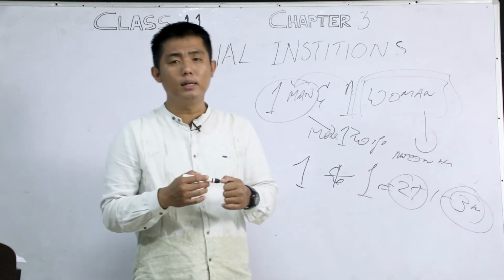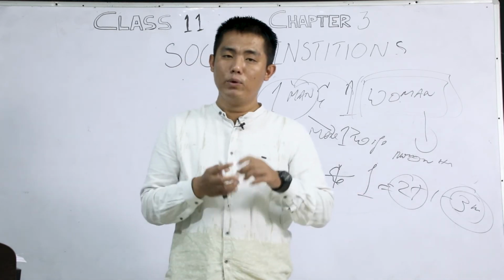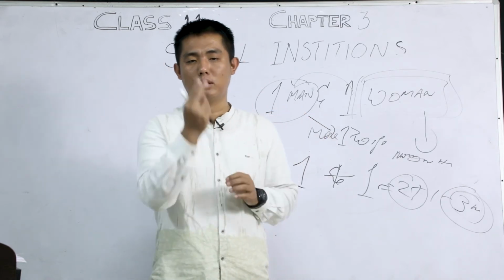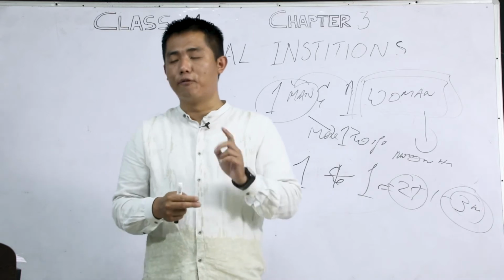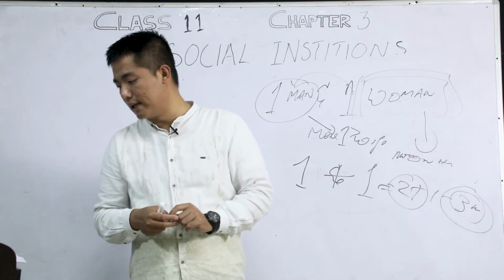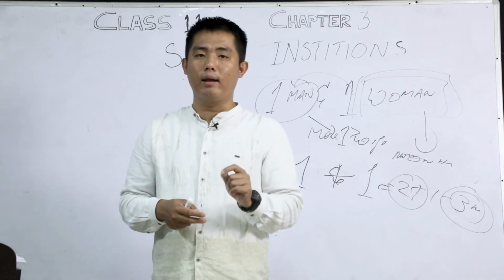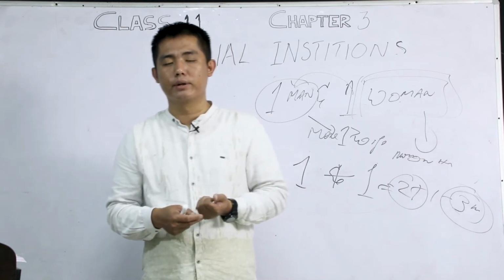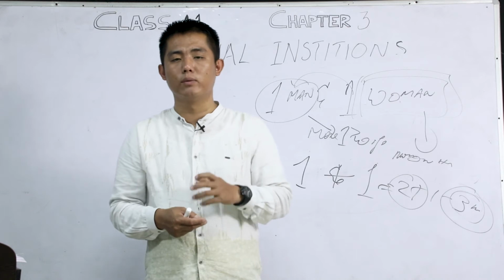Now, under polyandry, we also have a distinction between two types. The first one is called fraternal, F-R-A-T-E-R-N-A-L, fraternal polyandry. What does it mean here?